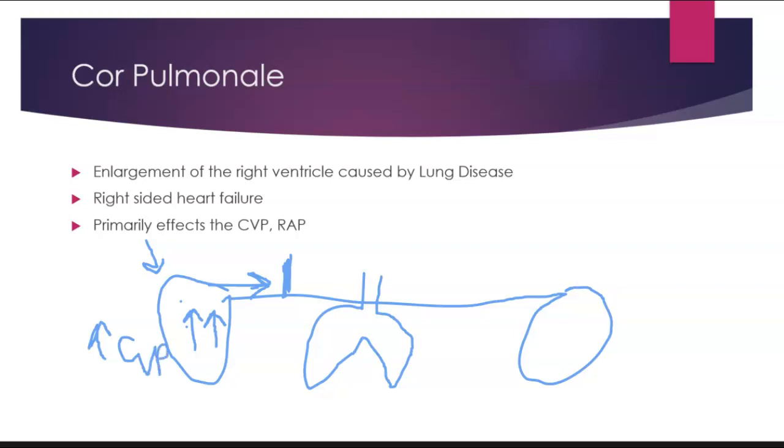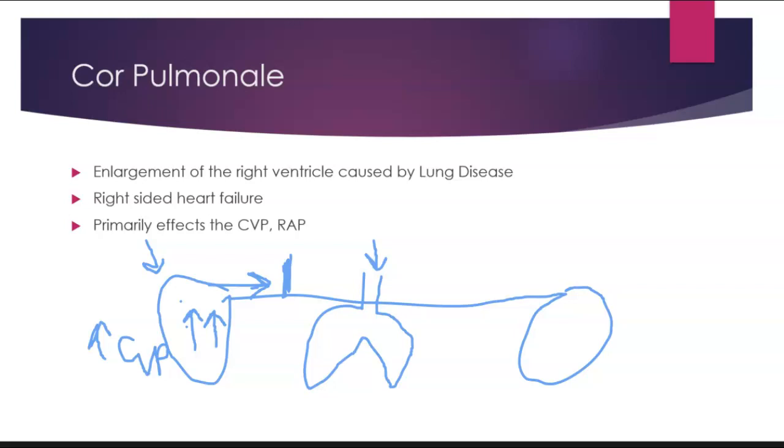Okay. Then everything after this, past the right side of the heart, could potentially become decreased, right? If my blood can't leave this side of the heart and go downstream, if you think about these as lakes, sometimes I use that imagery. I have a lake and a river connecting to the other lake.